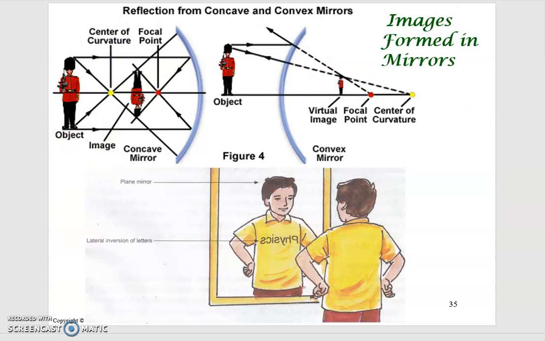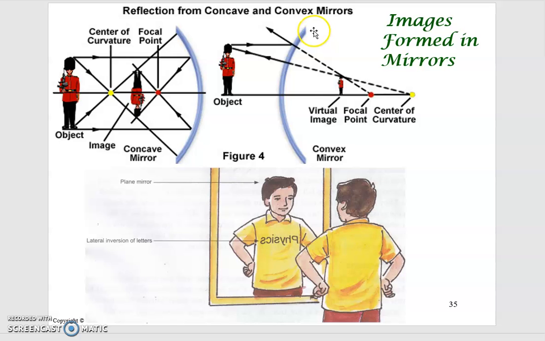So now this is a summary of what we have learned so far about image formation in different kinds of mirrors. For plane mirrors, the distance from the image to the mirror and from the object to the mirror are always the same. And not a surprise to you, the image is formed by virtual lines, so the image is upright and virtual, but the size is exactly the same as your size.